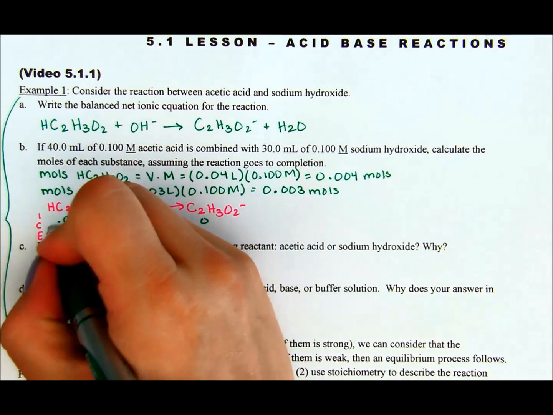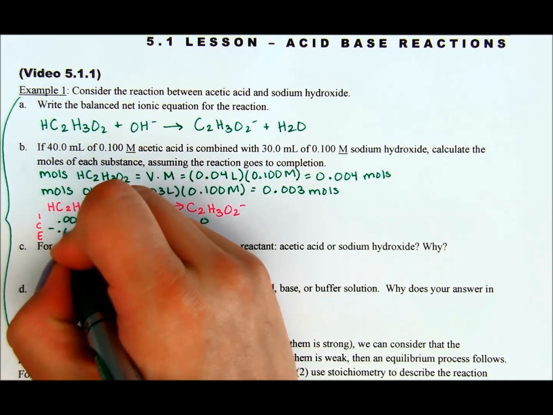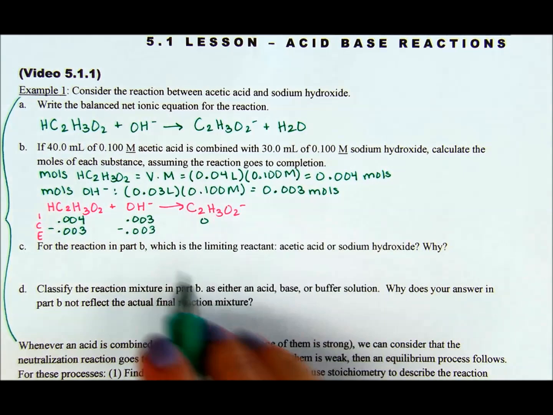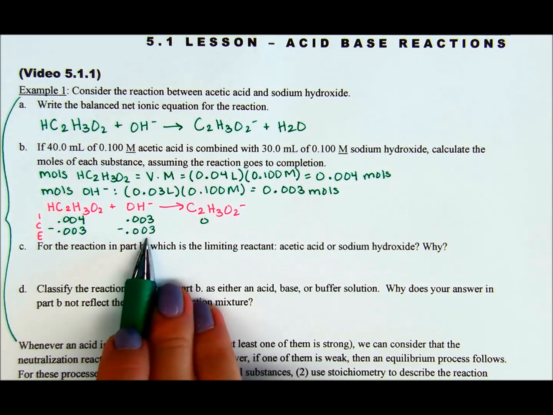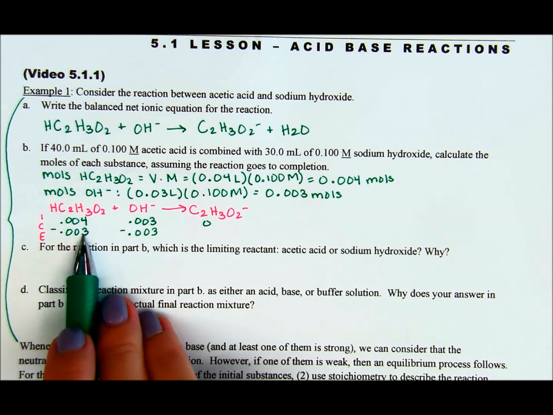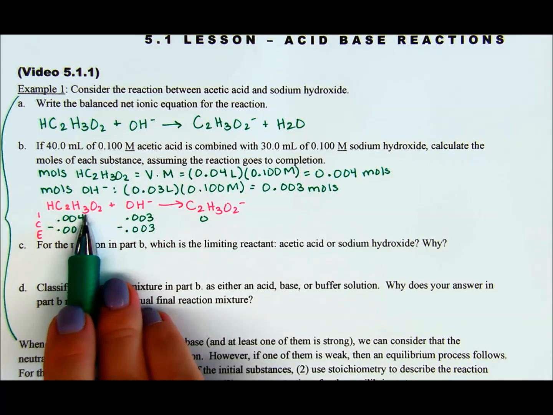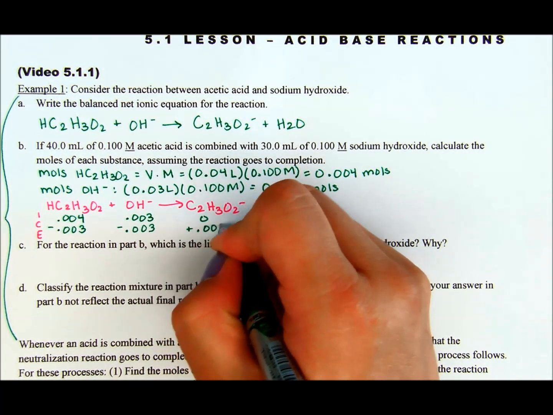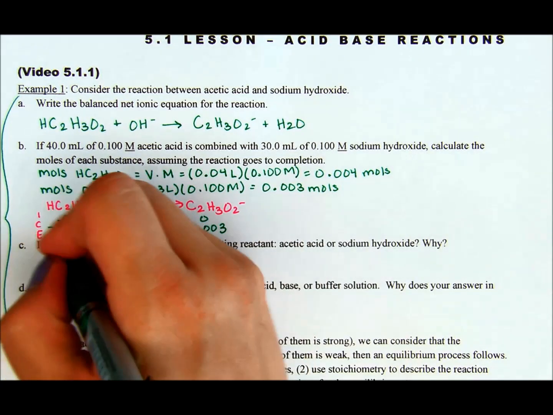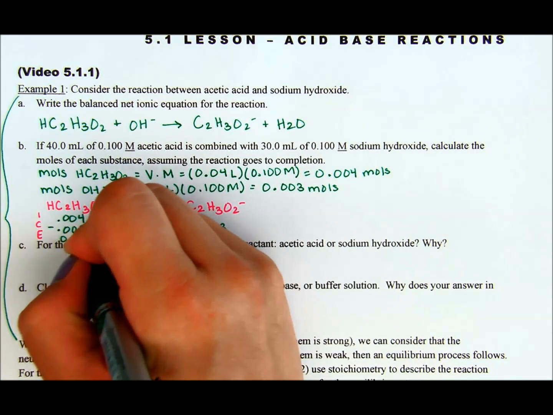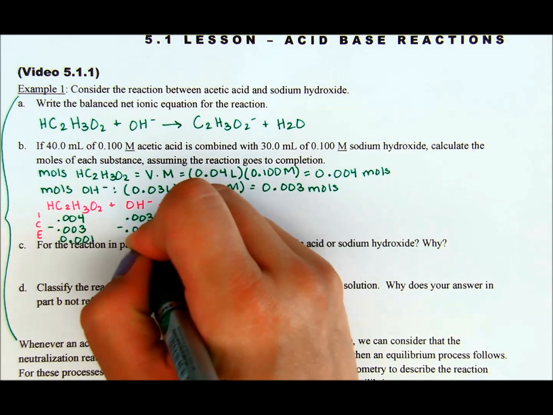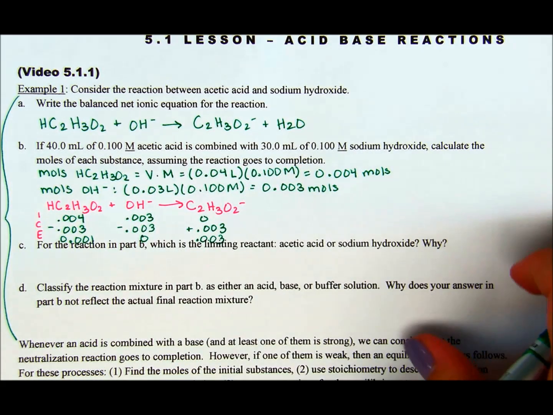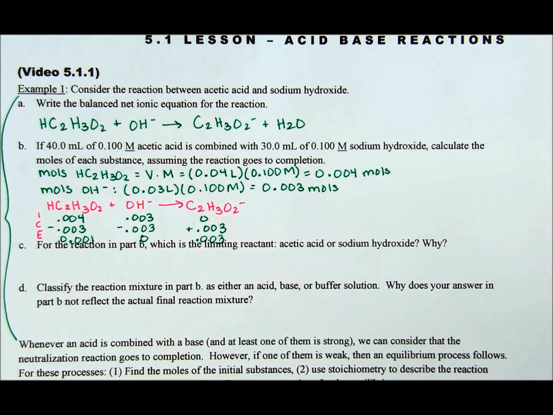So, minus 0.003, minus 0.003, and I picked 0.003 because that was the smaller number. 0.004 minus 0.003 is how much is going to be left over of the acid, plus 0.003. Your ending numbers are 0.001, 0, and 0.003. Hope you can see that. Okay, that's my ICE table.